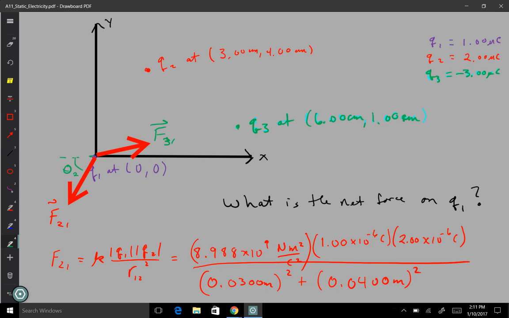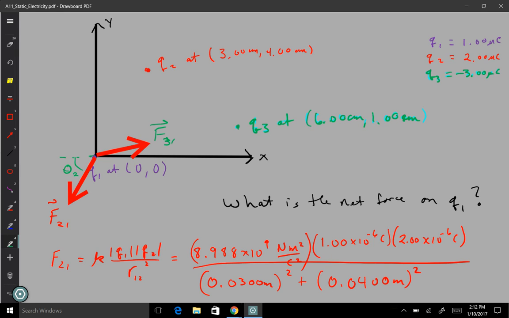Which trigonometric function would I use to find the x component? There's really only two possible answers. Cosine, because it's the adjacent side to that angle. So what's the definition of cosine for a right triangle? Adjacent over hypotenuse. I'm going to find cosine of theta 2 directly, without worrying about finding the angle.